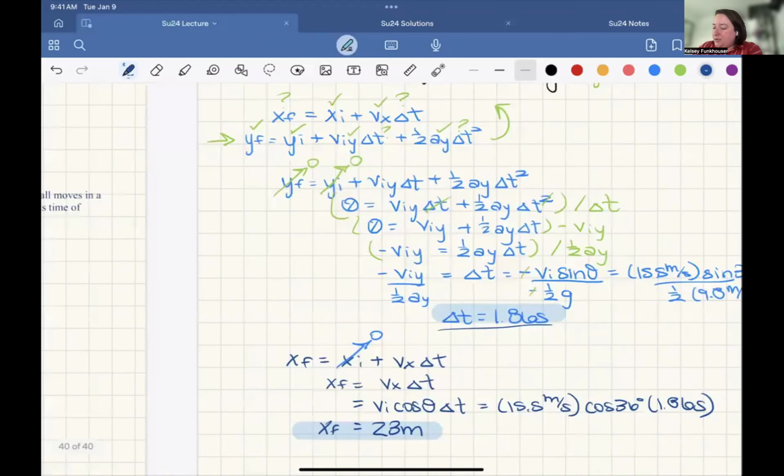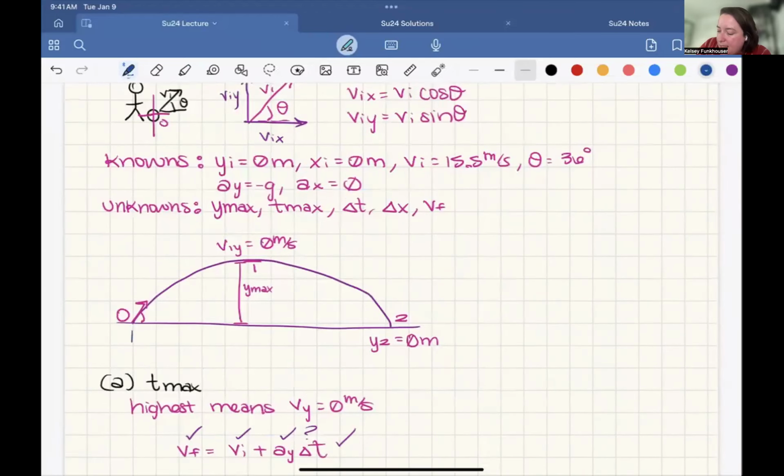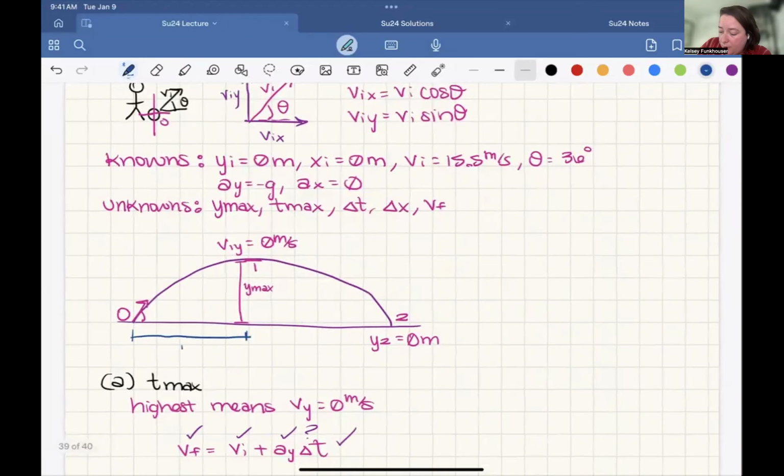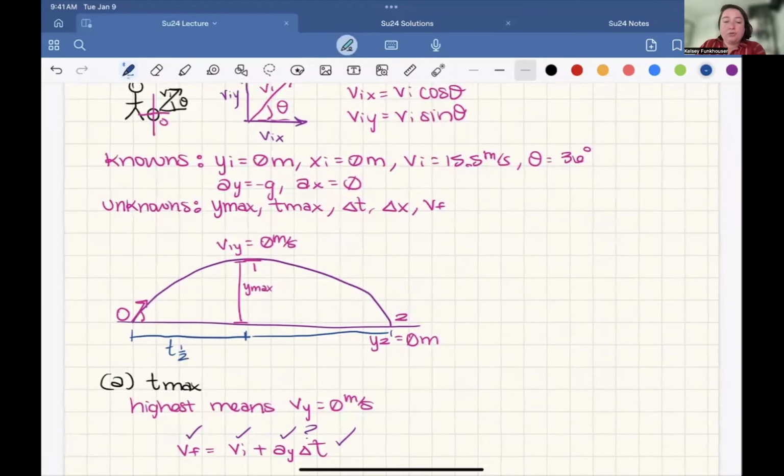That's how it works, because the time to get halfway through the trajectory is equal to the time going from the peak to the end point.